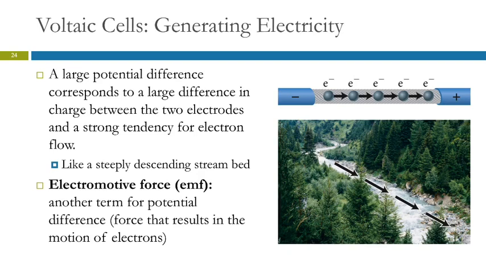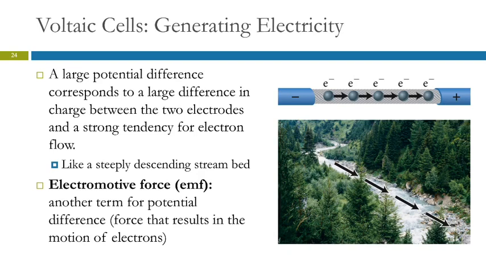If we have a large potential difference, then the electric current is going to flow very strongly. It's going to be fast, right? A large difference in charge, we've got a strong tendency for the electrons to flow. It's like a steeply descending stream bed. So when this is descending steeply, the water is very vigorous in its movement, right?